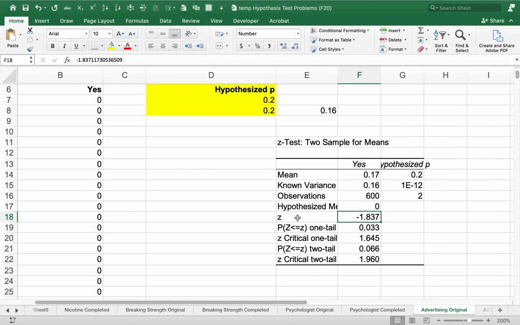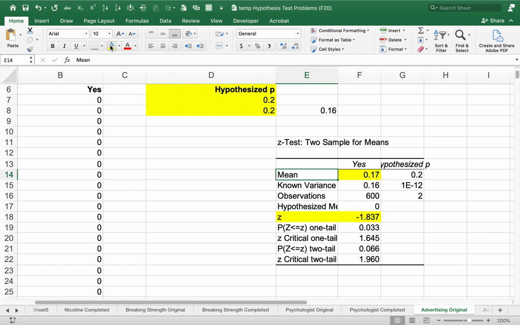So when we did this by hand, we ended up with a Z star of minus 1.837. Now, it's important to note that the mean of a bunch of ones and zeros is just a proportion, right? If you just sum up this column of zeros and ones and divide by n, you'll get the proportion. And so this is the p bar right here.